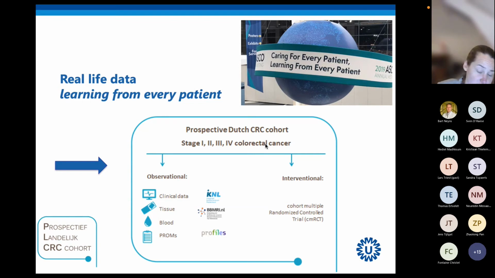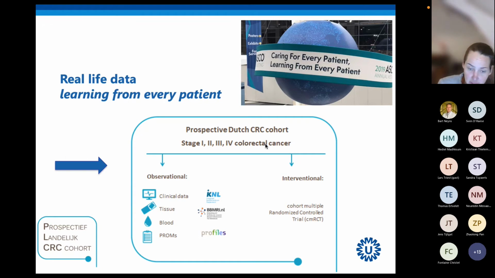It's a nationwide cohort, all patients with colorectal cancer are included, and informed consent is asked to collect clinical data, so response data, treatment data, but also baseline characteristics, to use their tissue for research, to obtain up to 10 additional blood samples per year for research.